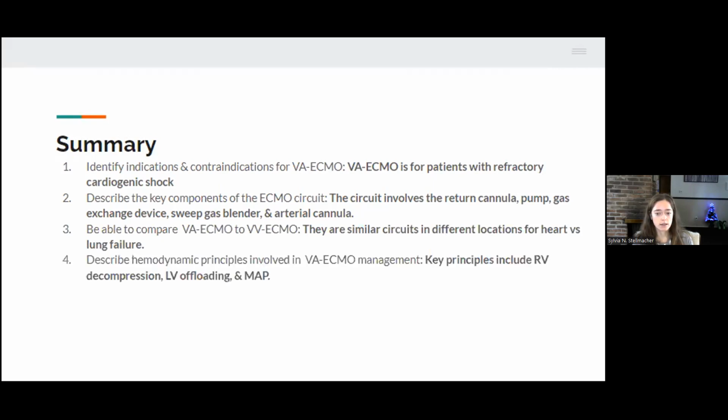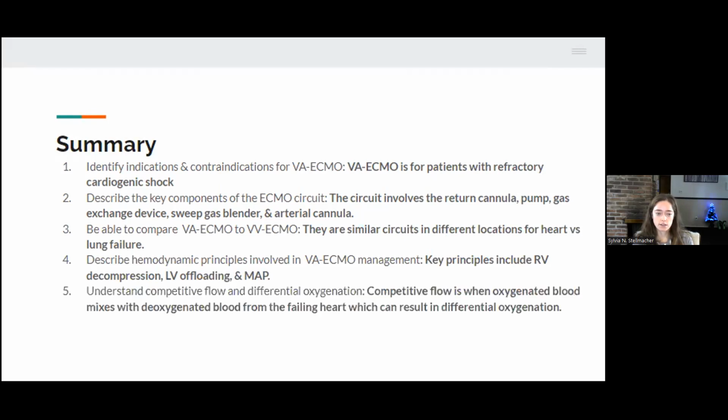We talked a little bit about the hemodynamic principles, and that the key principles in management include offloading the RV, offloading the LV, and maintaining a perfusing MAP. We talked a little about competitive flow and differential oxygenation, that the idea of competitive flow is that oxygenated blood mixes with deoxygenated blood from the failing heart, which can result in differential oxygenation.